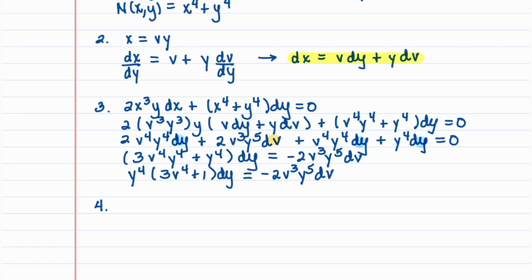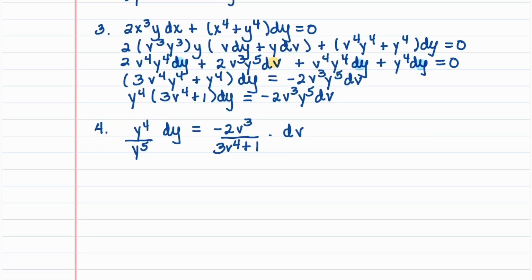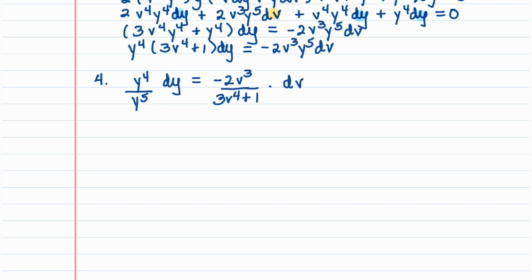In step 4, we are going to reduce this differential equation to a separable equation and solve it. Let's put the y terms on the left and the v's on the right. We have y to the 4th, all divided by y to the 5th, dy, and that's equal to minus 2v cubed, all divided by 3v to the 4th plus 1, times dv. Let's simplify our left-hand side.